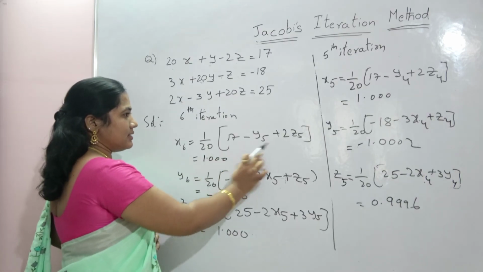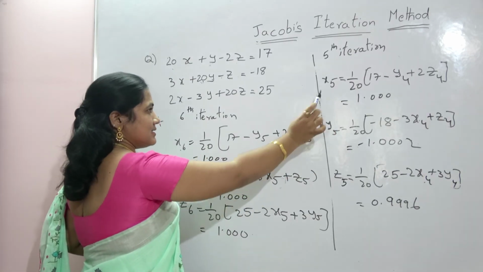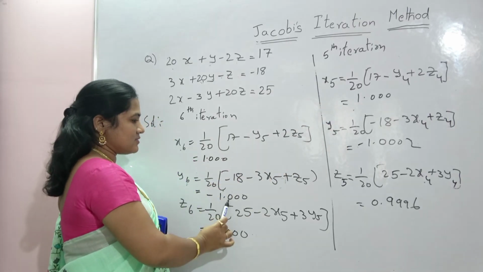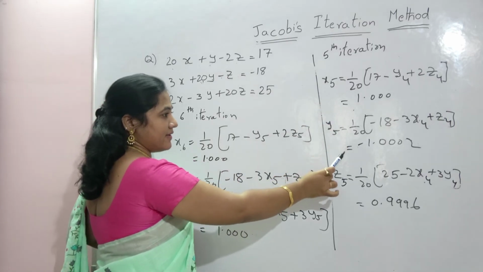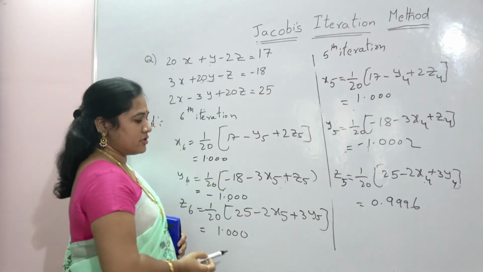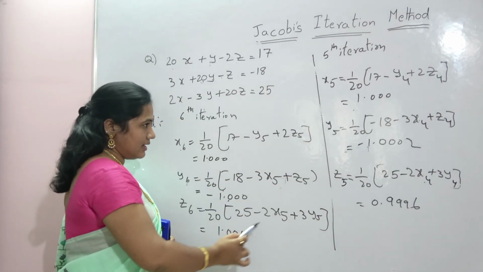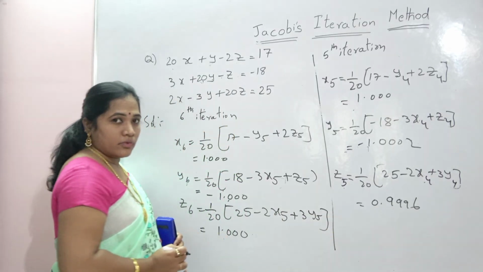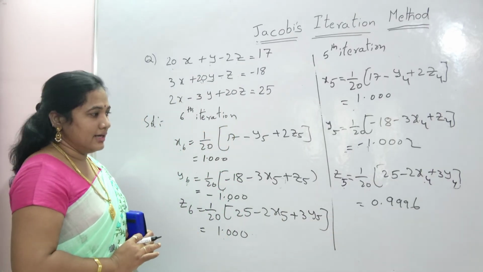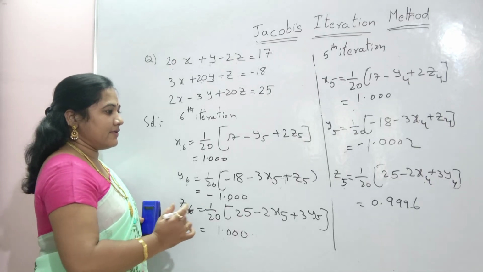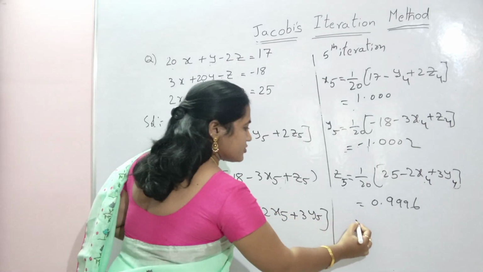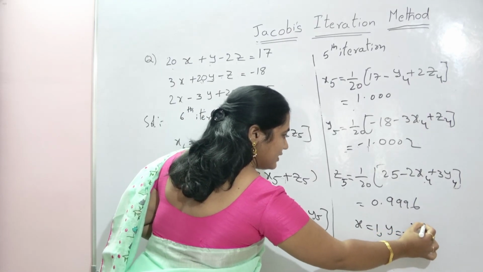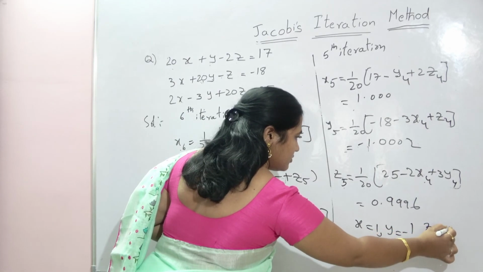And now compare these two values. x6 is 1 and x5 is 1, and y6 is minus 1 and y5 is also minus 1.002, and z6 is 1 and z5 is 0.9996. So we can stop the iteration procedure, and the solution for the given problem is x equals 1, y equals minus 1 and z equals 1.